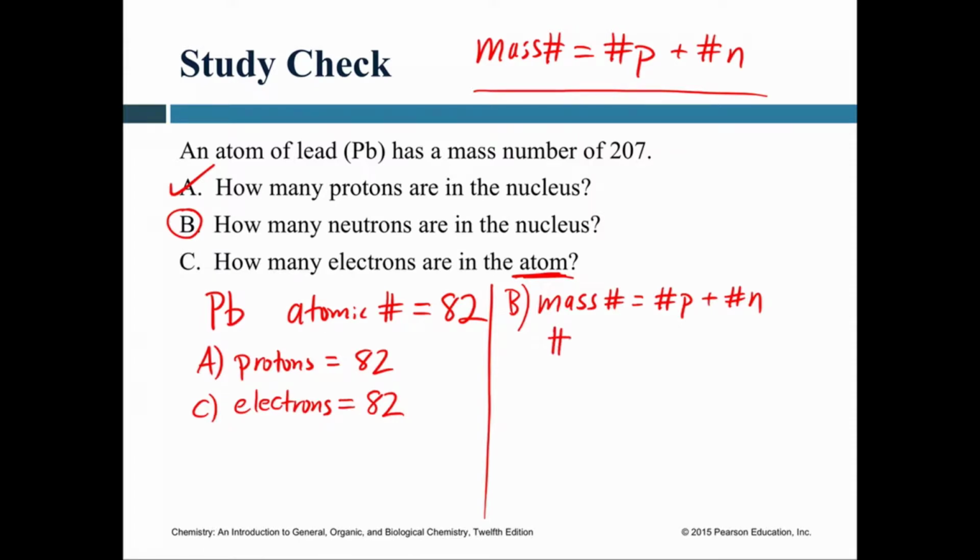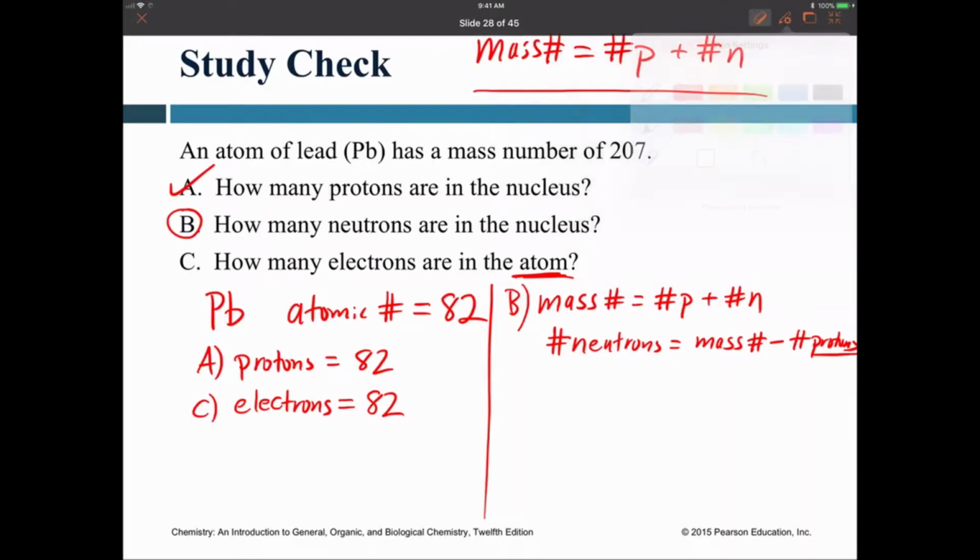So that's going to become number of neutrons equals the mass number minus the number of protons. Sorry, I made that a little messy. Let me make that a little prettier. I'm just going to put number of P there because I'm getting a little short on space.